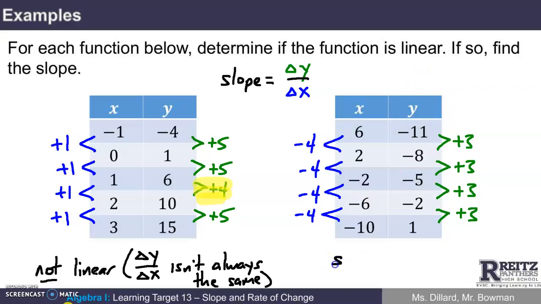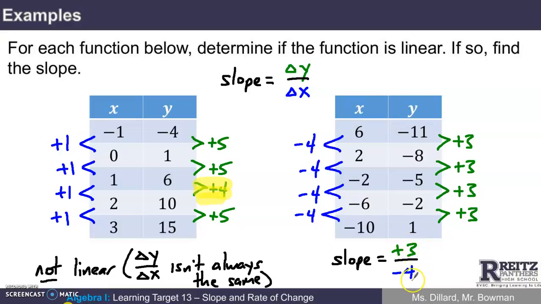So for this one, my slope is positive 3 over negative 4. Now here's where I need to tell you something about the way that we'll usually write a slope if the fraction has different signed numerator and denominator.